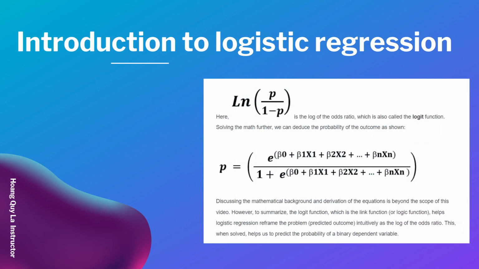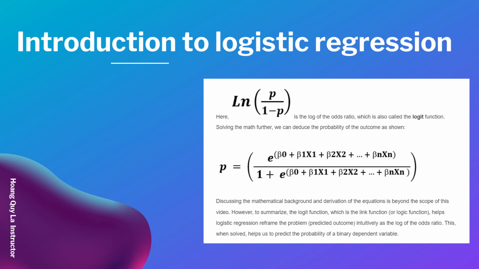Here ln of p divided by 1 minus p is the log of the odds ratio, which is called the logistic function. Solving the math further, we can deduce the probability of the outcome as shown below.